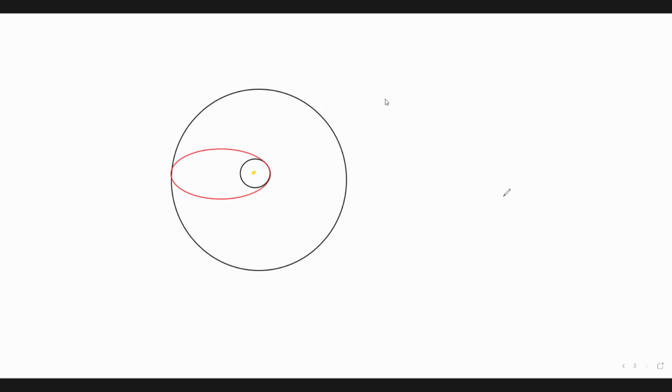Now, we want to know about the transfer orbit. If we know the eccentricity and the semi-major axis of an ellipse, we know everything about it because it's a planar figure. So we should only have to know two things to completely characterize it. The first thing we know is that this distance right here is r at perihelion for the transfer orbit.